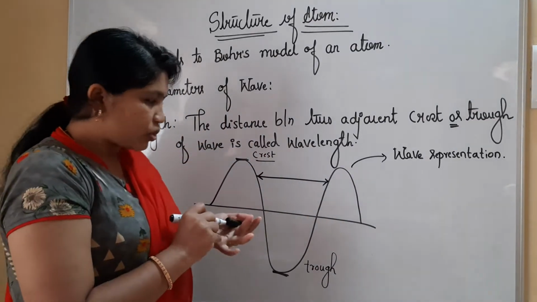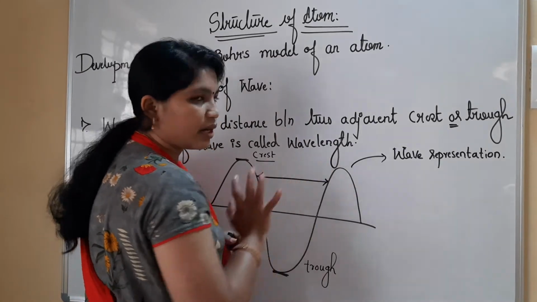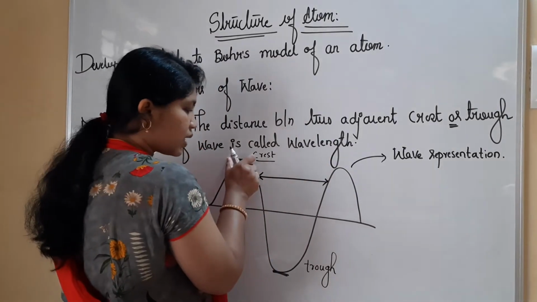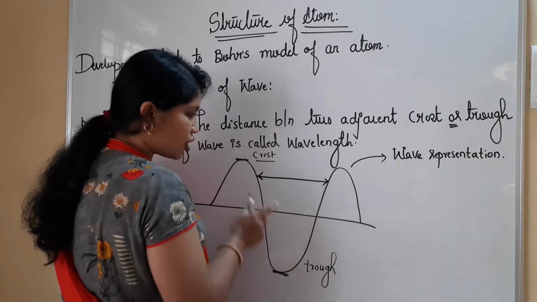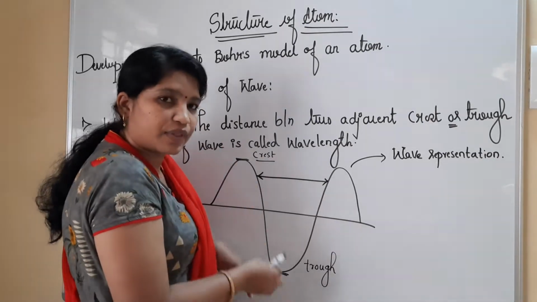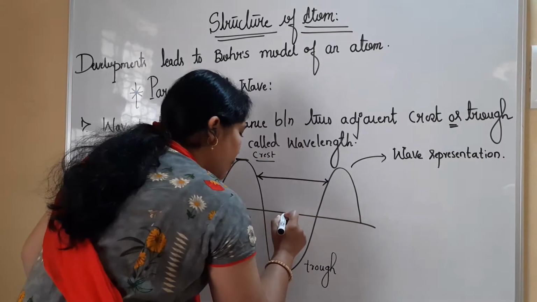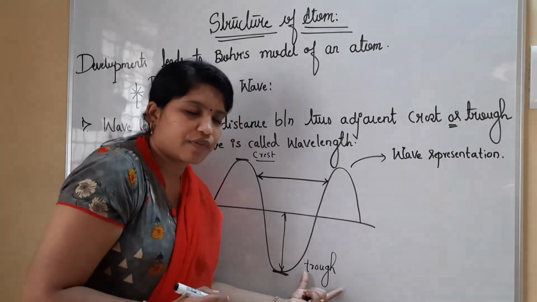Now we are supposed to consider distance between two adjacent crest and trough. I have crest here, I have a trough here, two adjacent; this is adjacent to upper part and upper part is adjacent to trough, that is lower part. Here you will be considering the depth of the wave, it is called as trough.